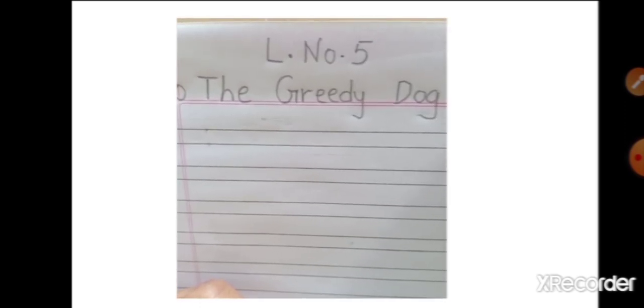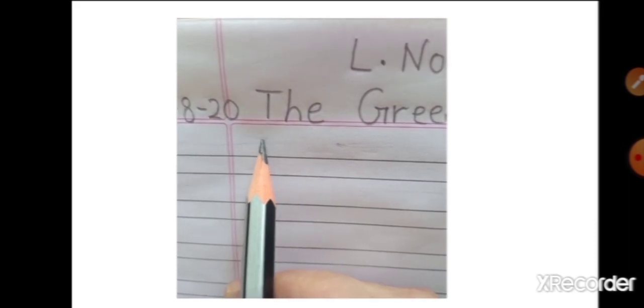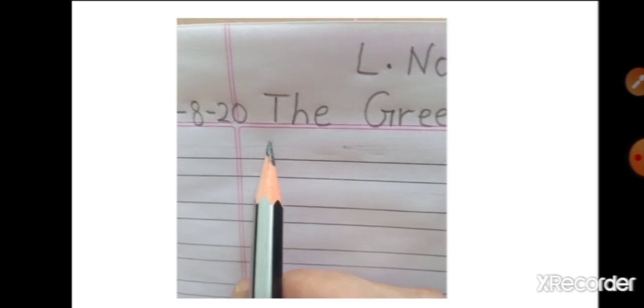Now while writing the letters like B, D, T, which start from first line, you have to start writing those letters from above the second line. From here you will write the letters like B, D, T. Okay.